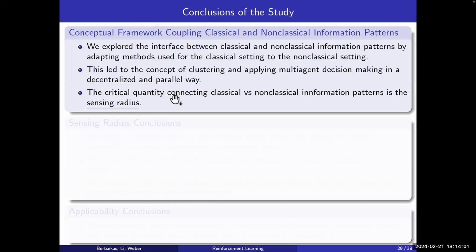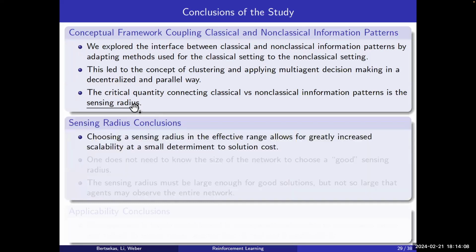The critical quantity connecting the classical versus non-classical information patterns is the sensing radius. And what can we say about the sensing radius? Choosing a sensing radius in the effective range allows for greatly increased scalability at a small detriment to solution costs. So one thing that I didn't emphasize much is that in these distributed systems, because all of the computation is spread out throughout the processors, there's essentially, depending on your algorithm, there could be like infinite scalability.